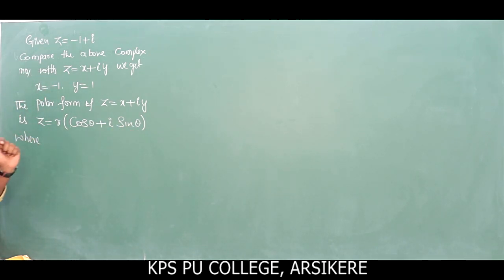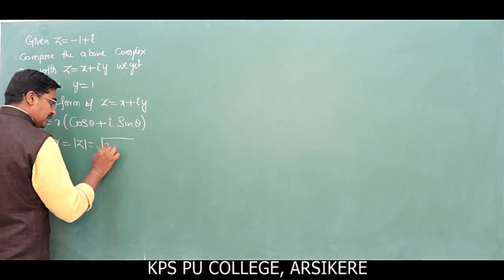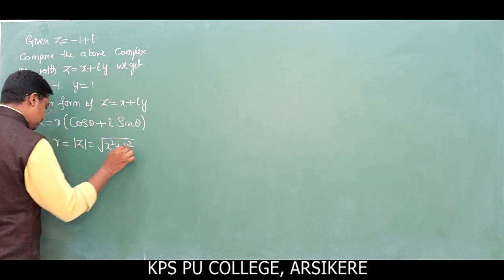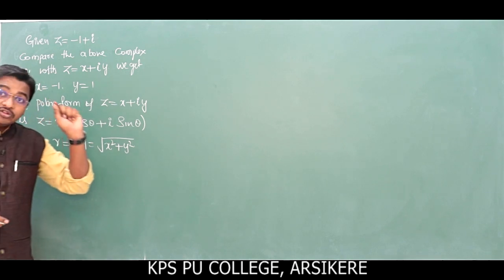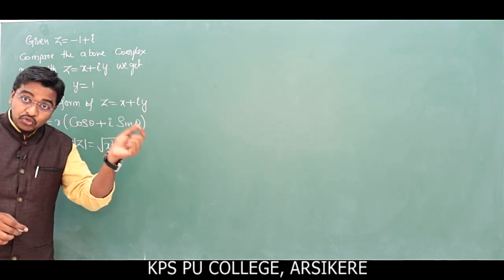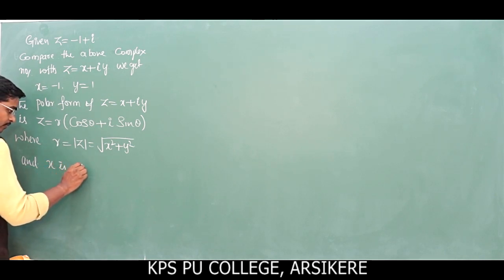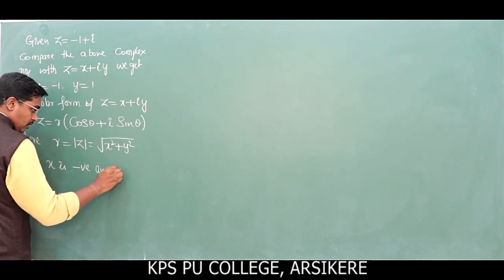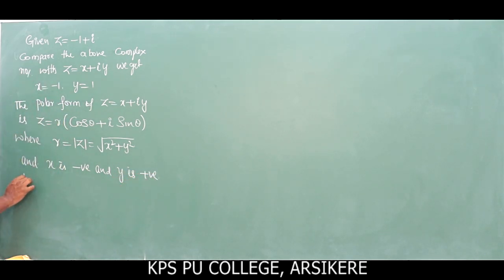What is r here? r is equal to modulus of z is equal to root of x square plus y square, and just observe here, x is negative and y is positive, hence theta lies in which quadrant?